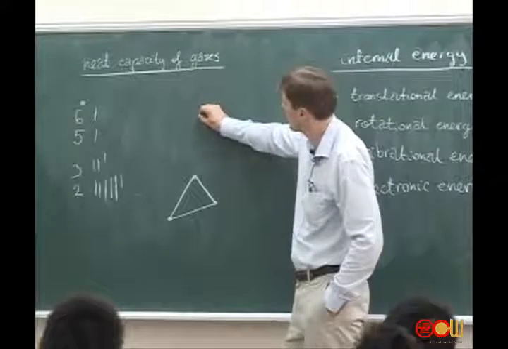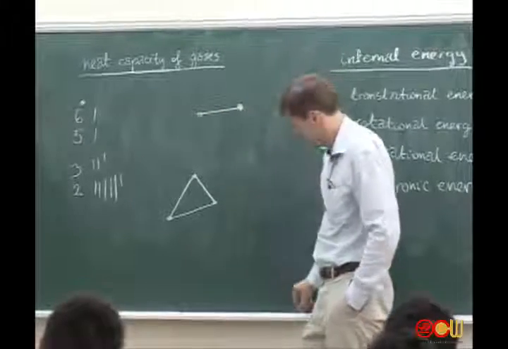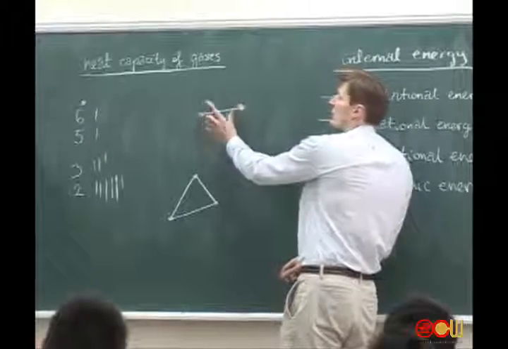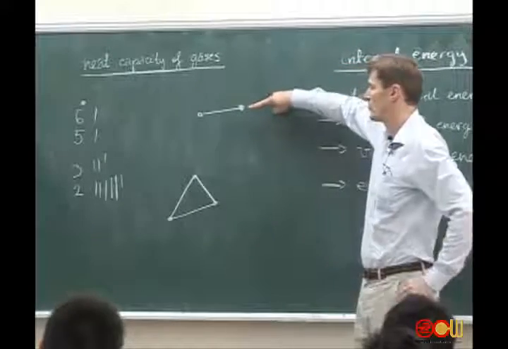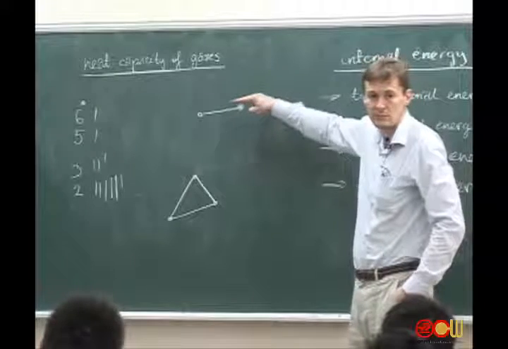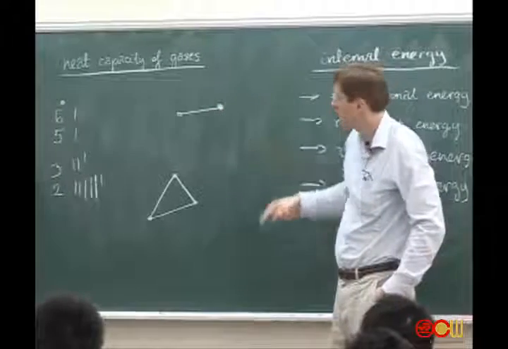But when you have only 2 atoms, for example, or a linear molecule in general, this molecule can be rotating like that, can be rotating like that. But when the molecule is rotating like that, you don't see it. So there is no rotation in this case.